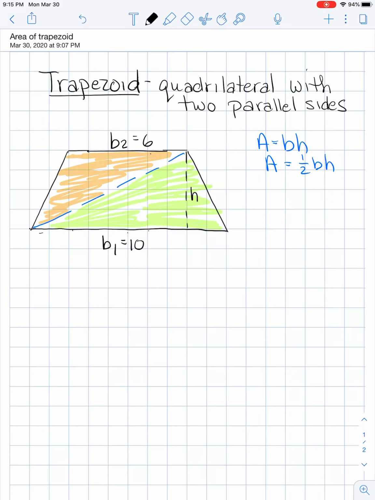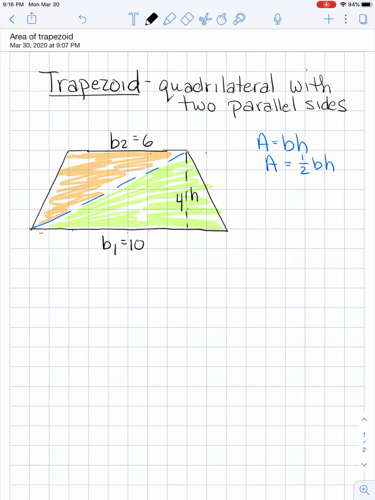Now, you can see that the height for the green triangle is 1, 2, 3, 4 units. And guess what? That's also the height for the orange triangle. Why? Because if you think about it, if these two bases are parallel, then the distance between them all along is going to be 4.